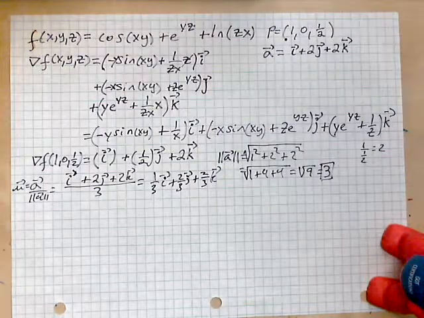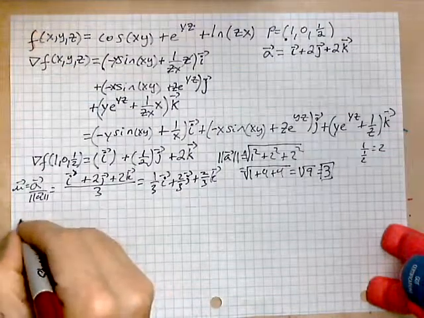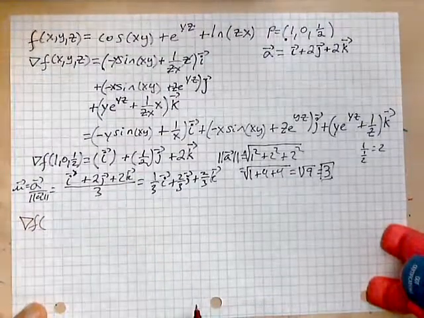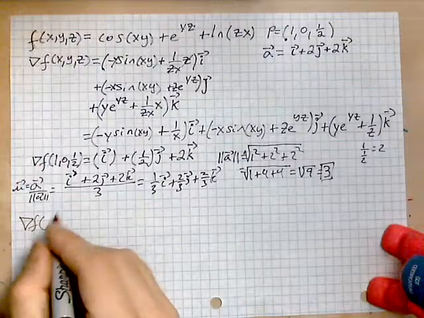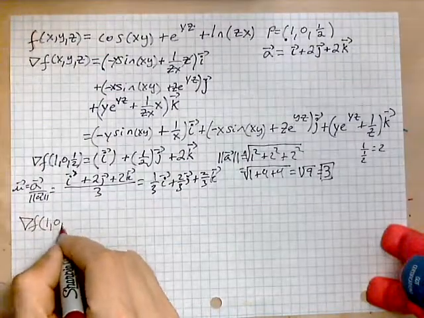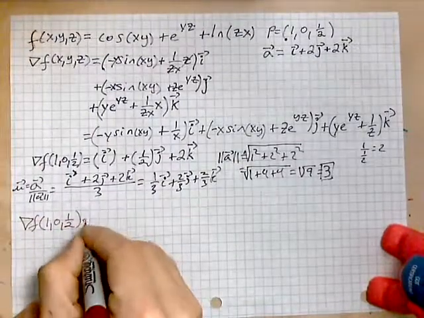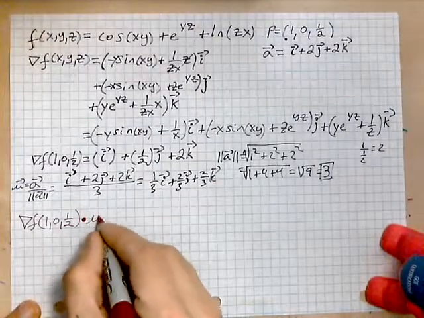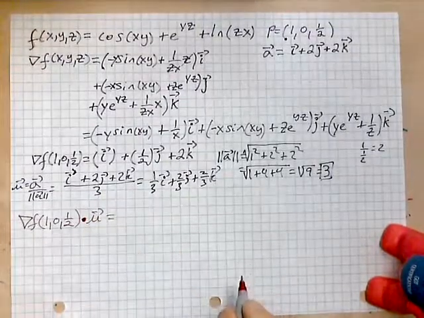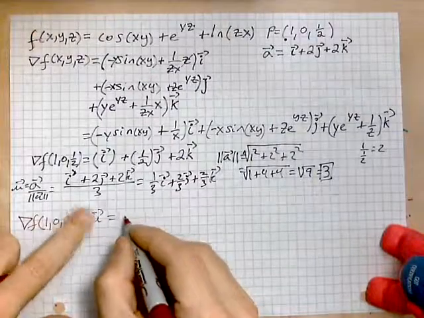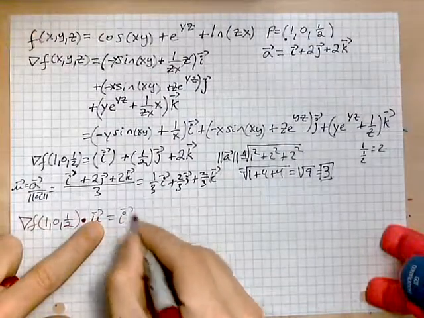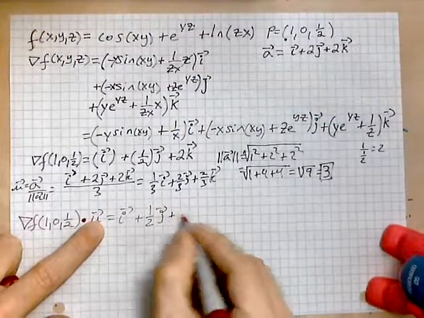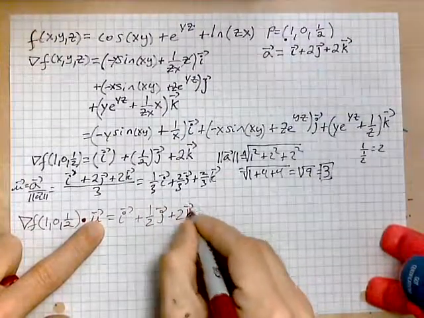Now that we have this, comes the crucial step of taking the dot product of the gradient and the unit vector. So we will take the gradient evaluated at the point 1, 0, 1 over 2, and we will take the dot product of this with the unit vector. So let's do that. So we've got i plus 1/2 of j plus 2k.